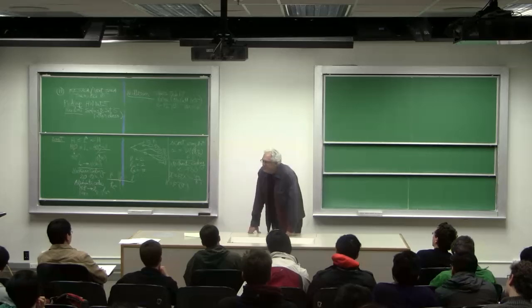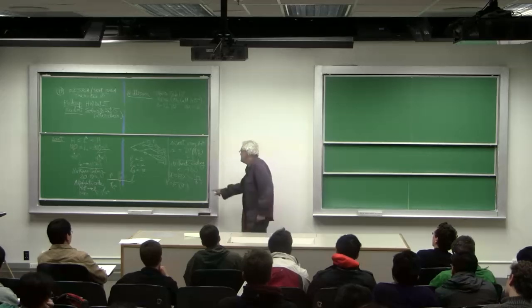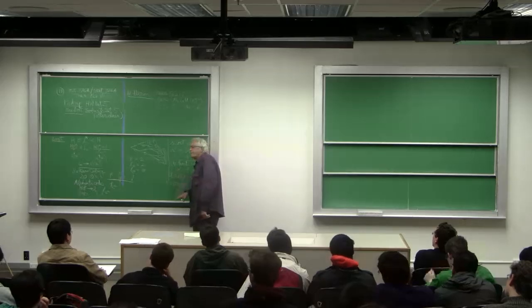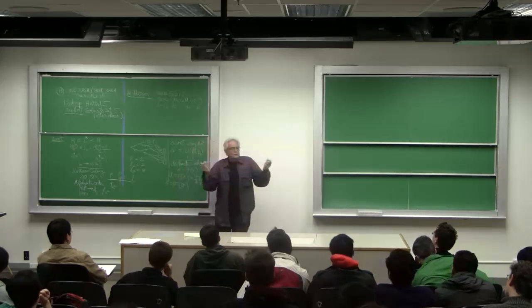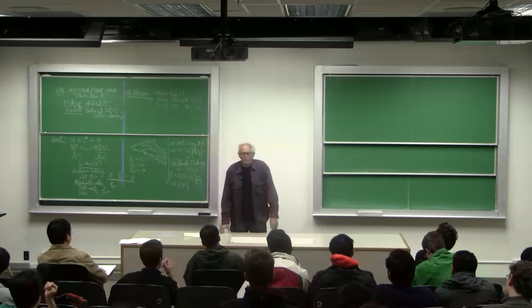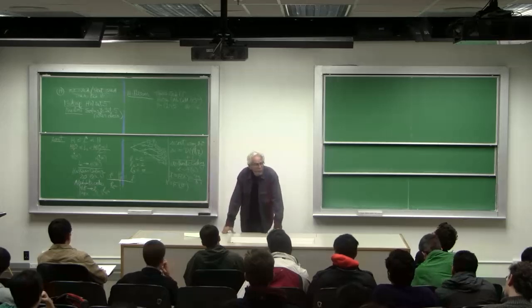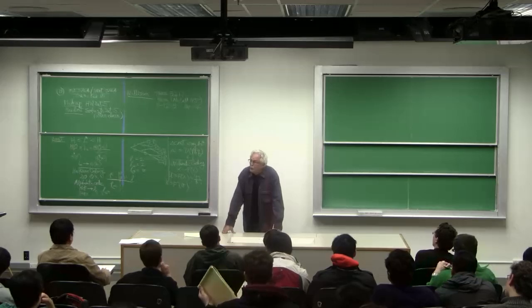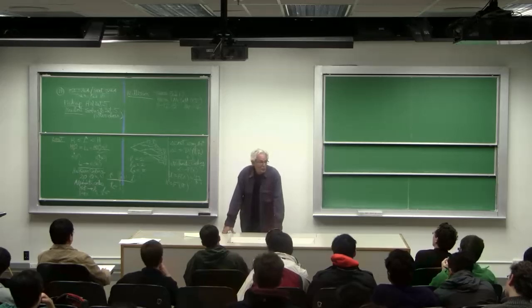And n symbols of x have probability by the AEP of 2 to the minus nH for most of the sequences.